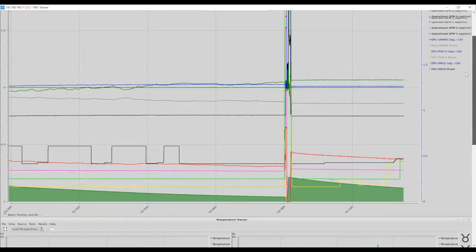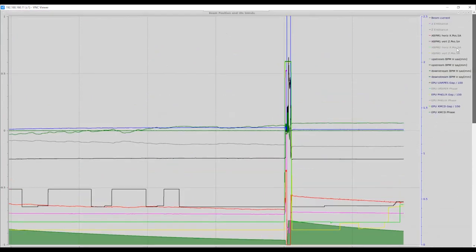Here are the parameters of the beam, as we see the emittance and other important parameters such as Z and X position.